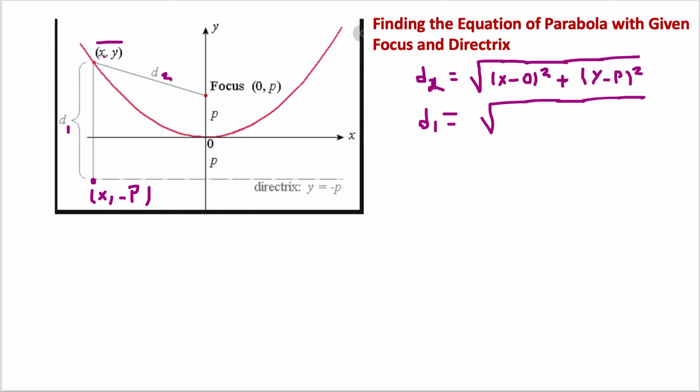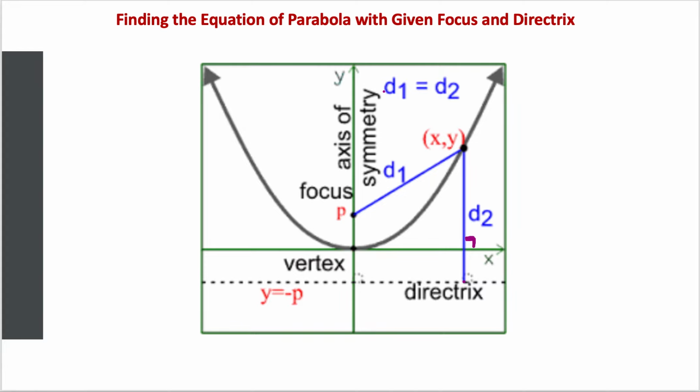Here it's x minus x squared, which is 0, plus y minus minus p, which is y plus p squared.